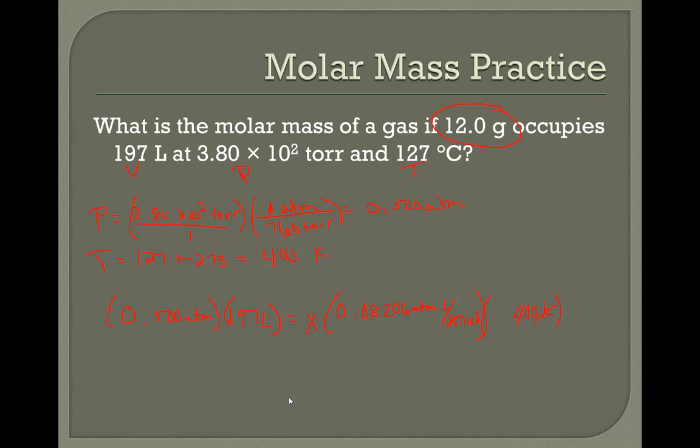The atms cancel and the liters cancel. We're left over with moles. Alright, so to determine the molar mass, 12.0 grams, which is coming from our initial question, divided by 3.00 moles, is going to equal 4.00 grams per mole. And this is explaining how we're using the ideal gas law for other applications.